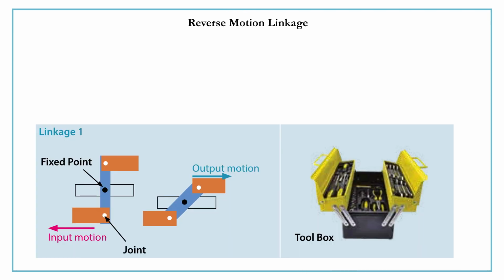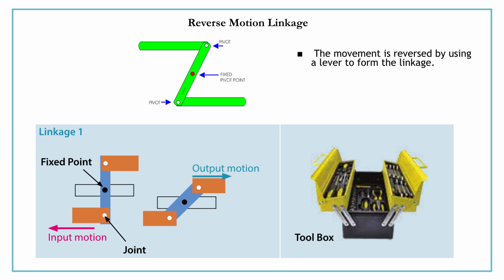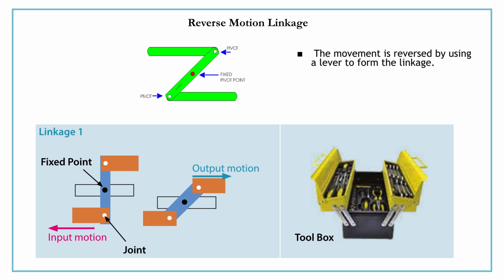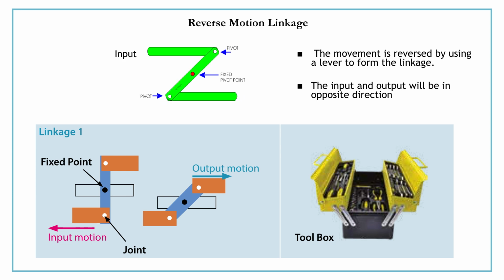In a reverse motion linkage, the movement is reversed by using a lever to form the linkage. Its motion can be illustrated as such. You will see that the input and output will be in opposite directions.